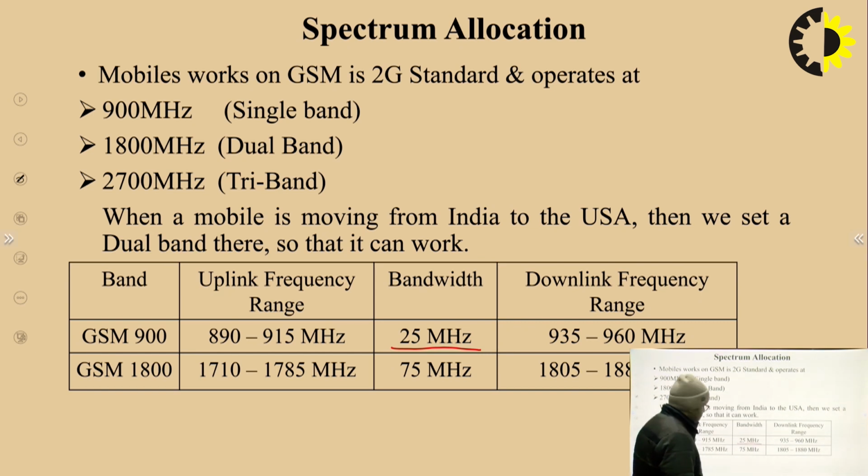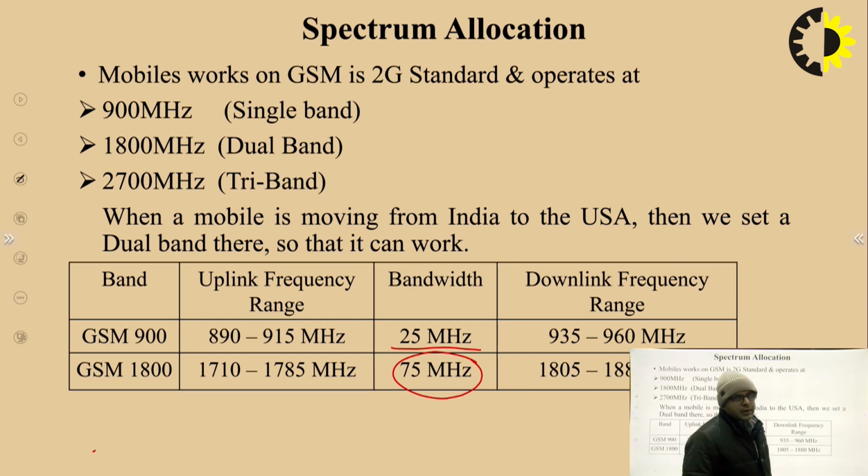Similarly, in GSM 1800, we have an uplink frequency of 1710 to 1785 MHz and a downlink frequency range of 1805 to 1880 MHz, and it has a bandwidth of 75 MHz. The uplink and downlink frequencies have different ranges to avoid interference between them.